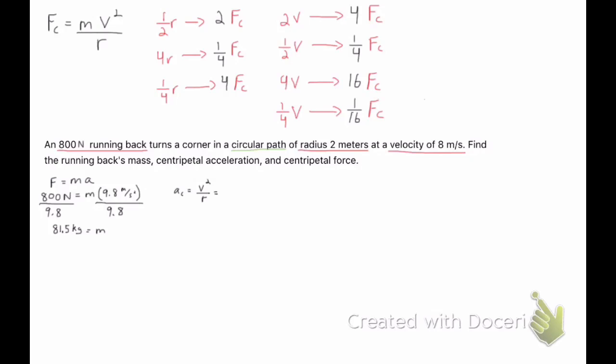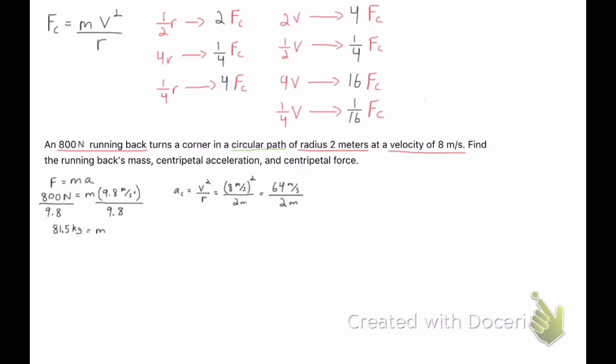So we have the centripetal acceleration equation. We could put 8 meters per second in for v. That needs to be squared, and our r is 2 meters. When we work this problem out, we can see that 64 meters squared per second squared is over 2 meters.